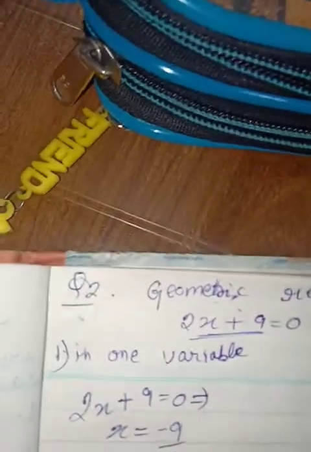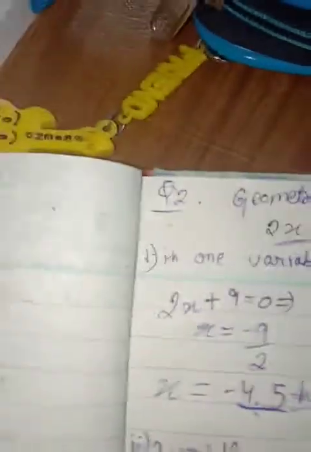So now we will draw on the negative sides of the Cartesian plane.